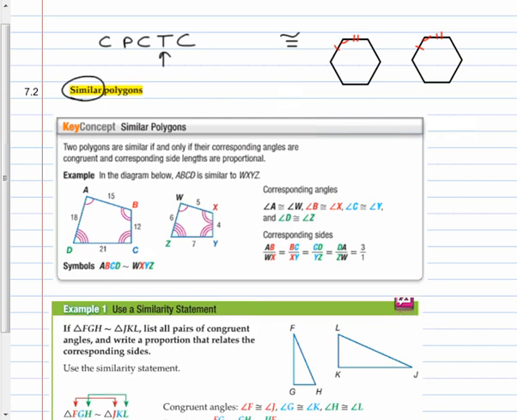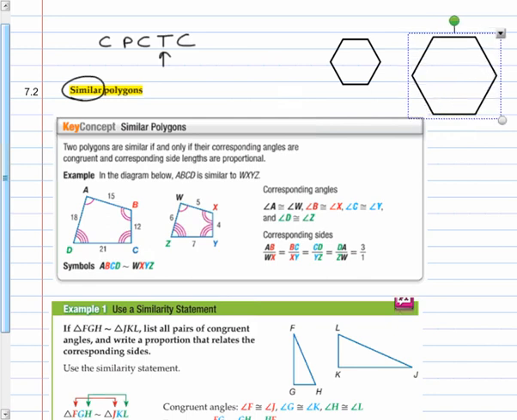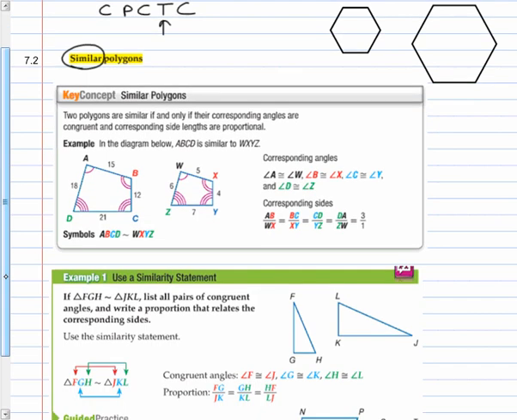Similar polygons are the same shape, but not necessarily the same size. So instead of having two congruent hexagons up here, I could have two similar hexagons. They have the same shape, but their sizes are different. That's the everyday definition of what similar means.